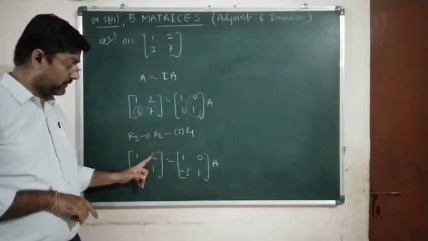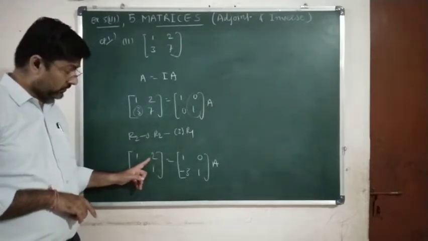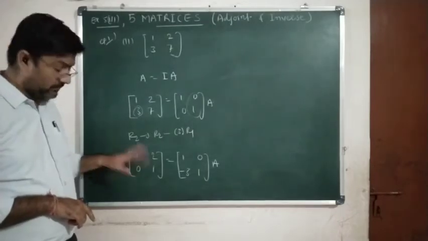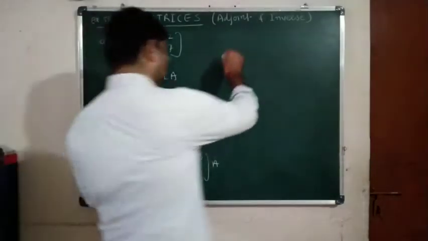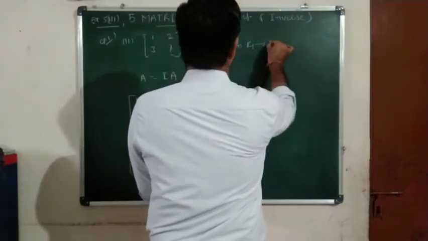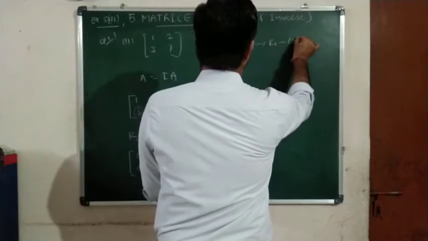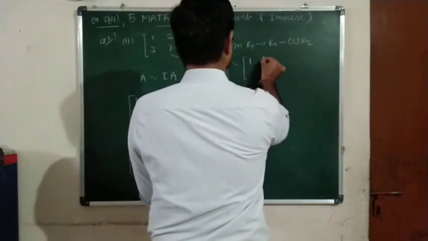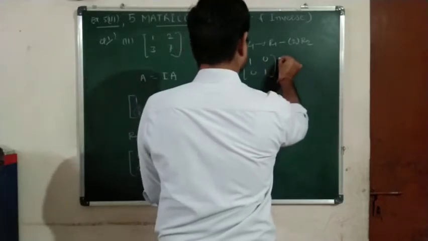In order to bring 0 here, obviously we can do R1 minus 2 into R2. So let us do that: on R1 minus 2 into R2, we get 1, 0, 0, 1.